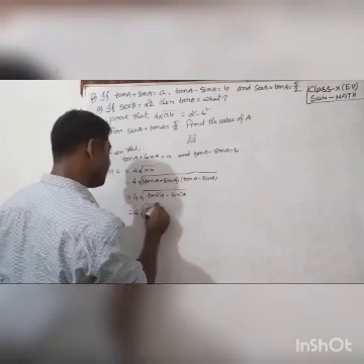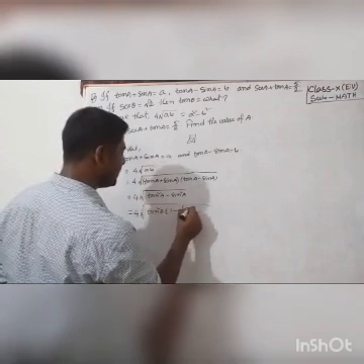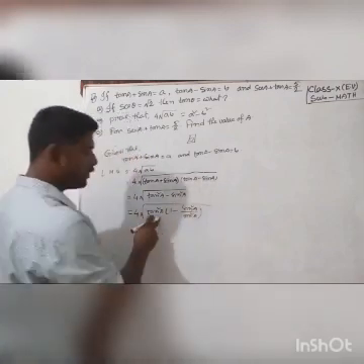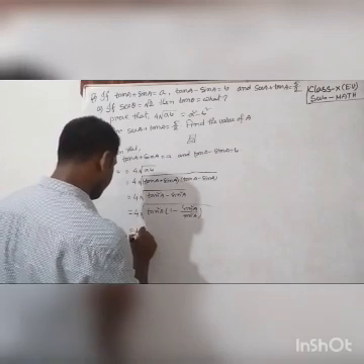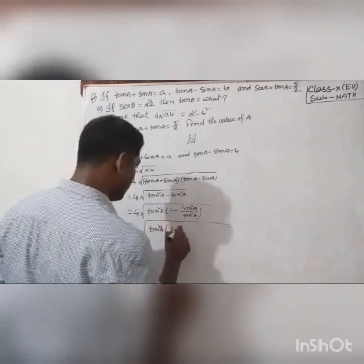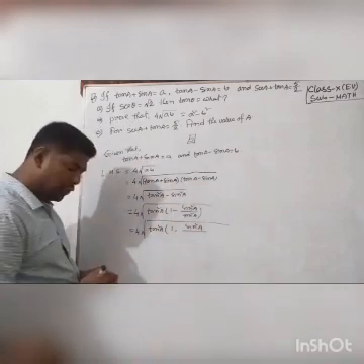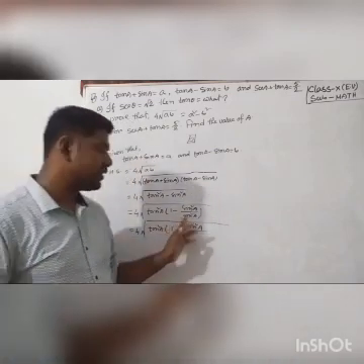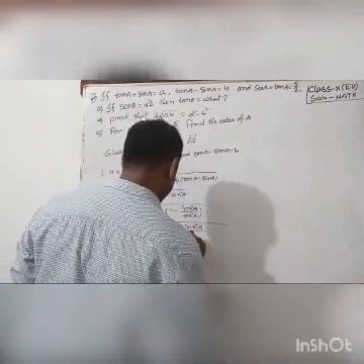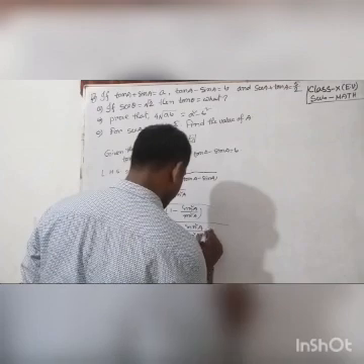Now we can write tan square a, 1 minus sin square a by tan square a. We have taken tan square a common. We know tan theta equals sin theta by cos theta. So tan square a equals sin square a by cos square a.